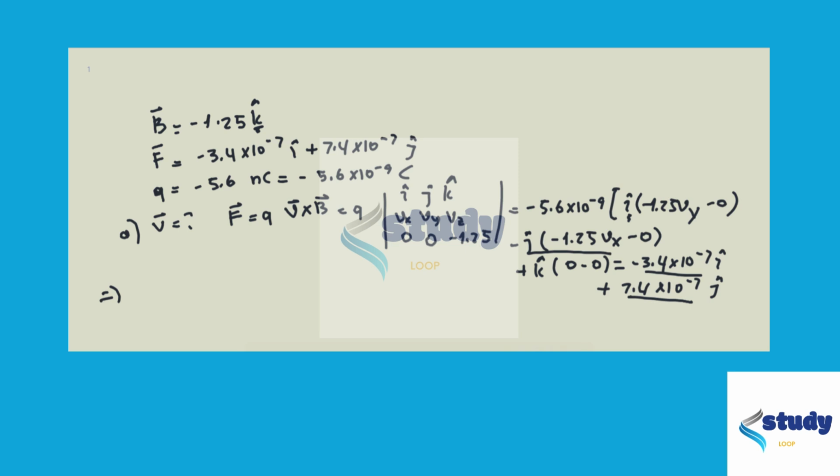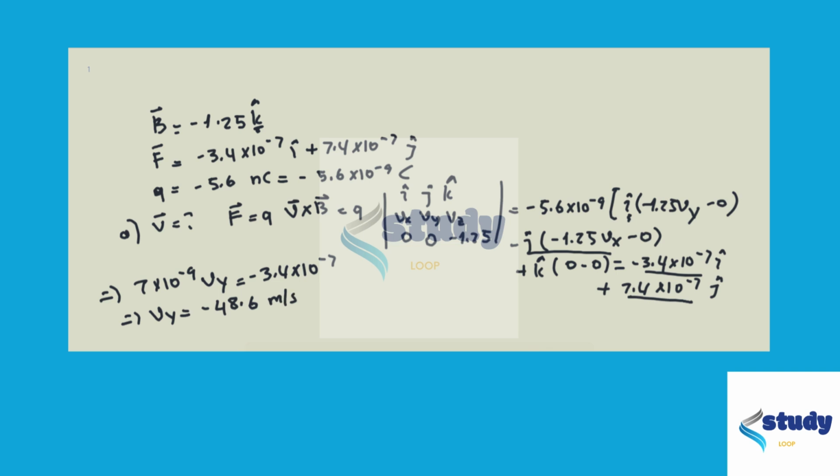Negative 5.6 times 10 to the negative 9 times 1.25 is going to give us 7 times 10 to the power negative 9 V sub Y for the first term. So that has to be equal to negative 3.4 times 10 to the power negative 7. So from here, V sub Y is going to be equal to negative 48.6 meters per second.